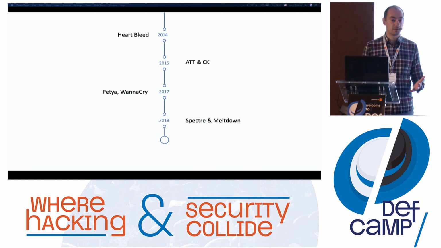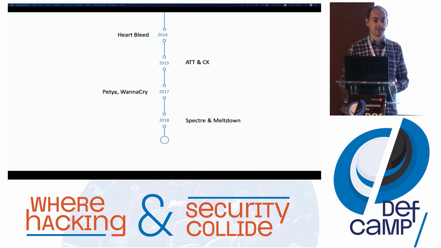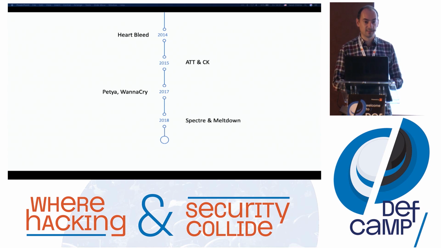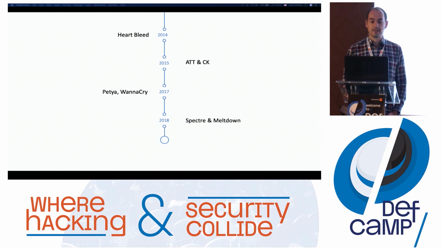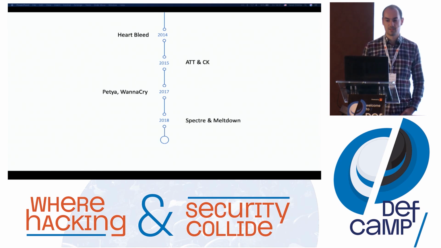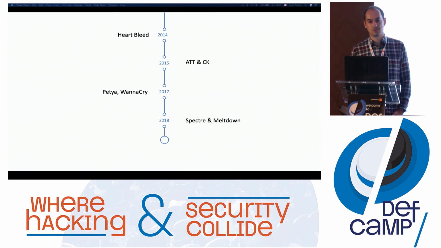We had Heartbleed, yeah, the first vulnerability with PR associated with it, with nice logos and a proprietary website and everything. Then in 2015, we had the ATT&CK MITRE framework, Petya, WannaCry, Spectre, Meltdown a little bit later. And in between, guess what? We had countless APT groups, cyber criminals, nation-state actors trying to hack into like everything.